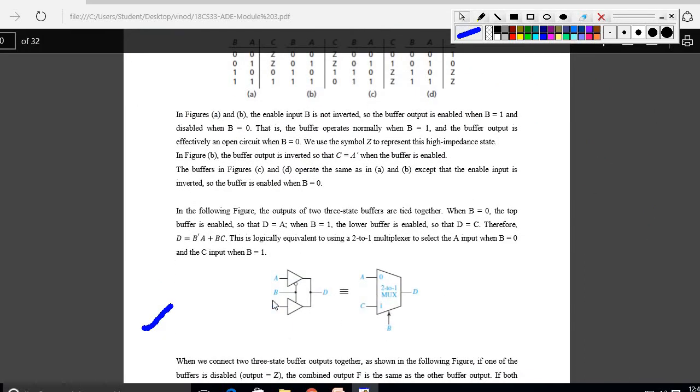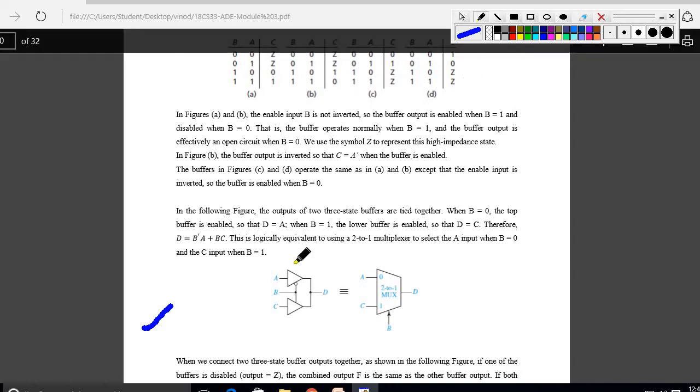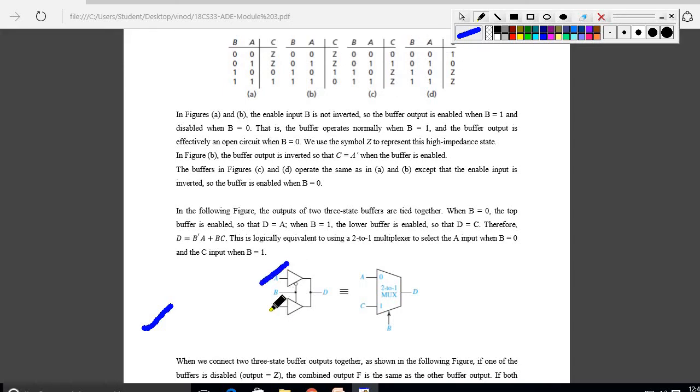Next, see here how exactly these 3-state buffers act as a 2:1 multiplexer. We'll check. So this is one 3-state buffer and this is another 3-state buffer, but this one is an inverting 3-state buffer, because the bubble is there, but here it is a non-inverting 3-state buffer, because the bubble is not there.